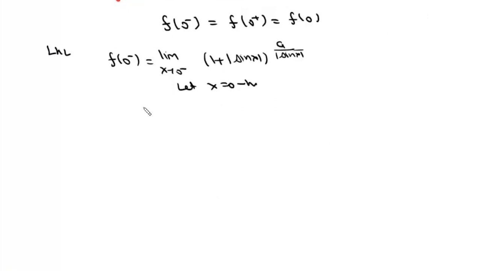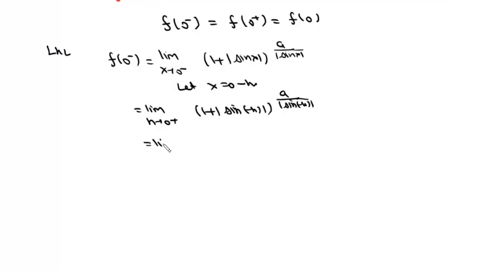So it will be this limit h tends to 0 positive (1 plus mod of sin minus h) to the power a upon mod of sin minus h. Now sin minus h is minus sin h, but there is this mod sin. So it will be mod sin h and mod sin h is sin h when h is 0 positive.